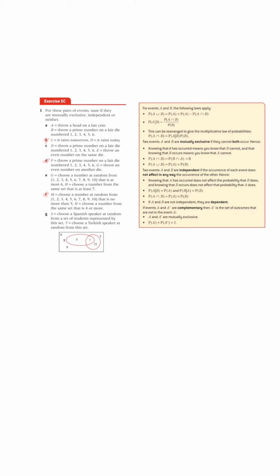We can represent that by putting the probability of M equals 5 on 10. Now the event H is defined as choose a number from the same set which is 4 or more. Well, if it's 4 or more, it is not 1, 2, and 3. So that's 7 out of 10.